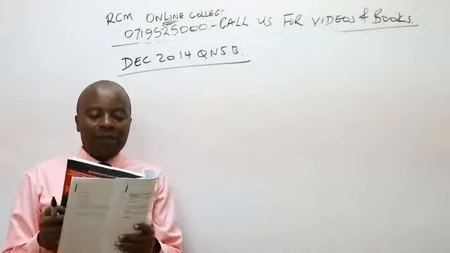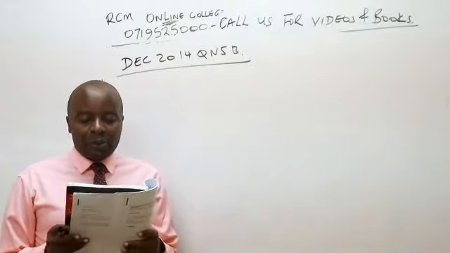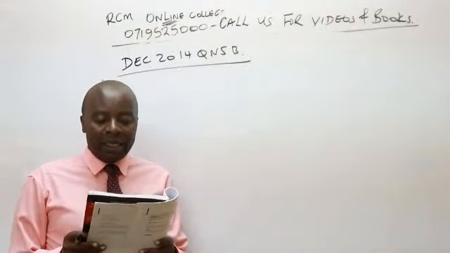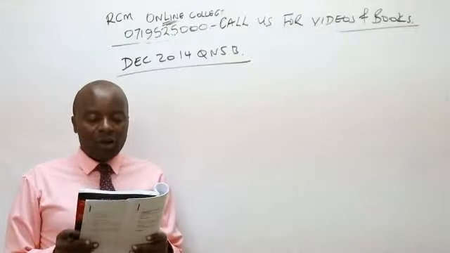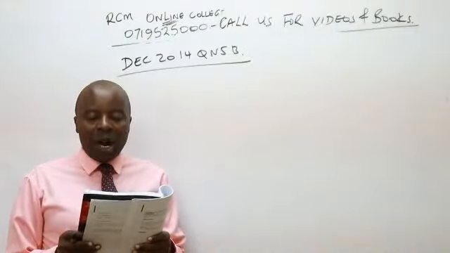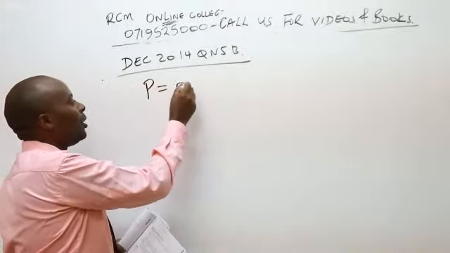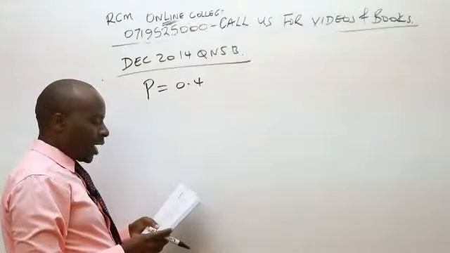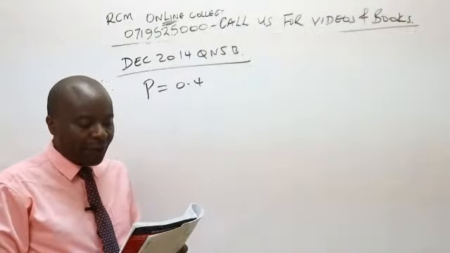We are told a survey was conducted in Pamoja village to establish the proportion of households that were affected by a certain pandemic. The results indicated that 40% of the households in the village were affected by the pandemic. So P is 0.4. A sample of 6 households was randomly selected from the village.